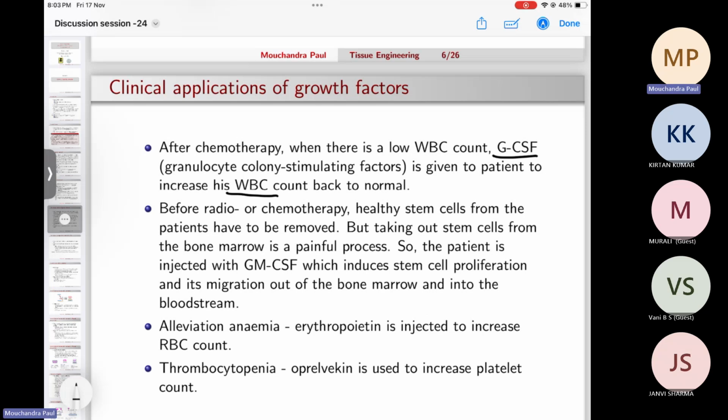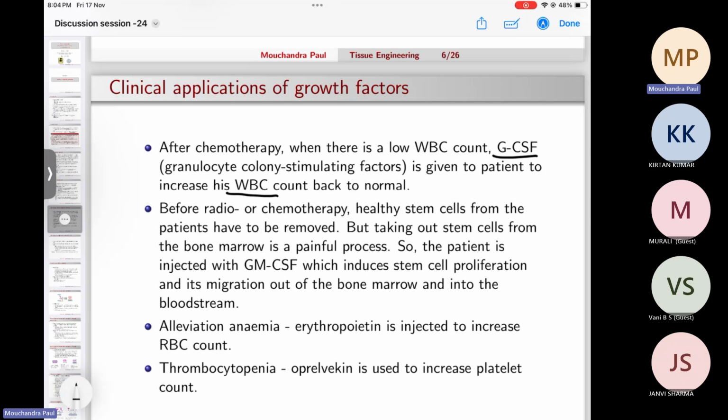Similarly, during bone marrow transplantation, if you remember, before chemotherapy or radiotherapy, the mesenchymal stem cells from the bone marrow are removed. This process of removing from the bone marrow is quite painful.